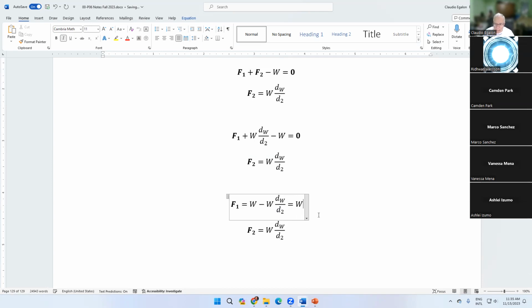I can put W in evidence. Okay, and it becomes 1 minus dW over D2. That's what we have for that problem in there. We solved the problem.